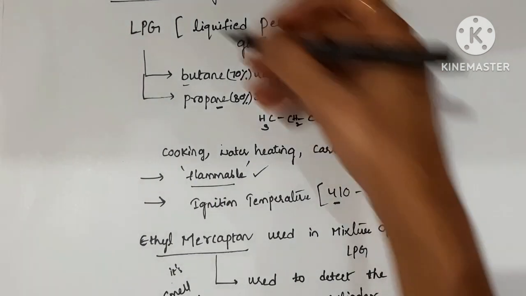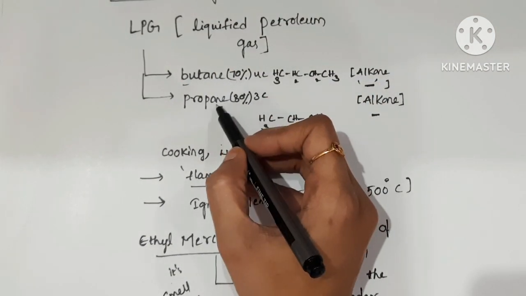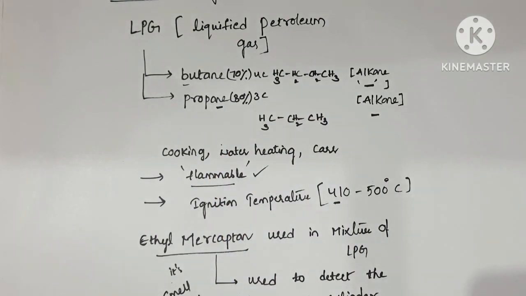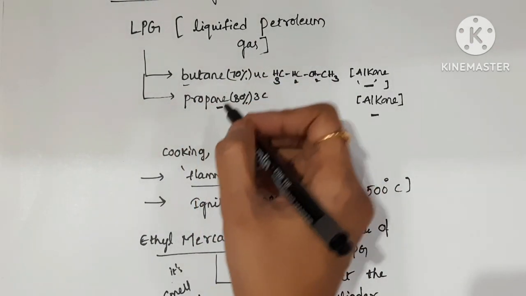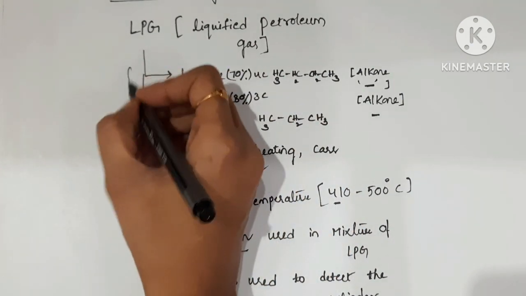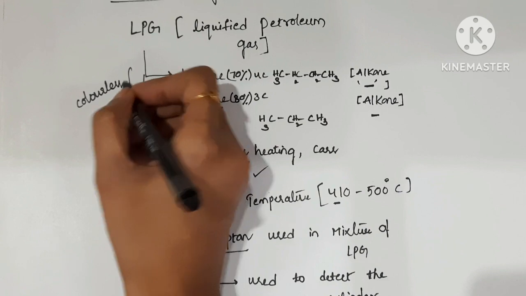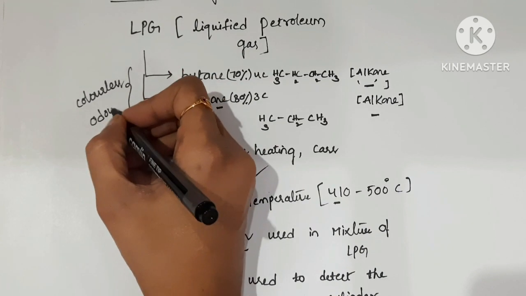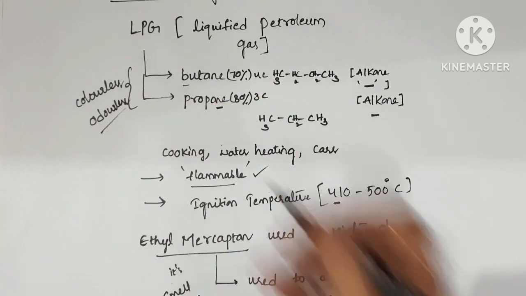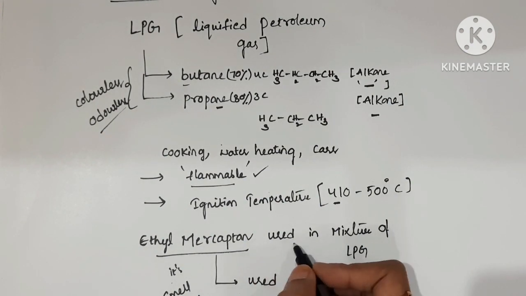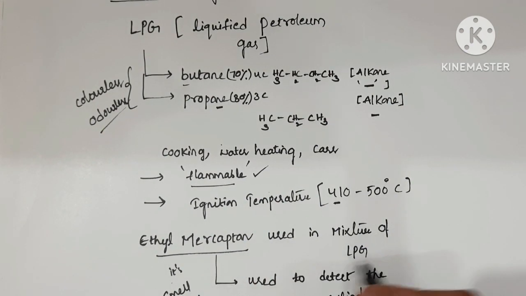In LPG, butane and propane are there, but they do not smell because they are colorless and also odorless. So ethyl mercaptan is used in the mixture of LPG to detect the leakage of cylinders.